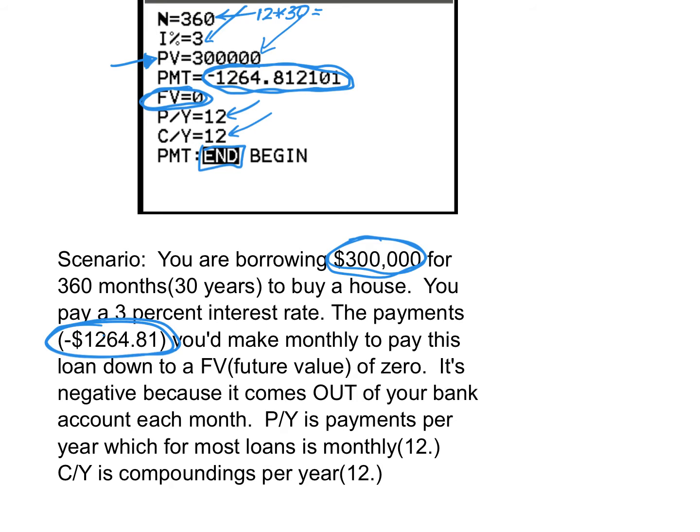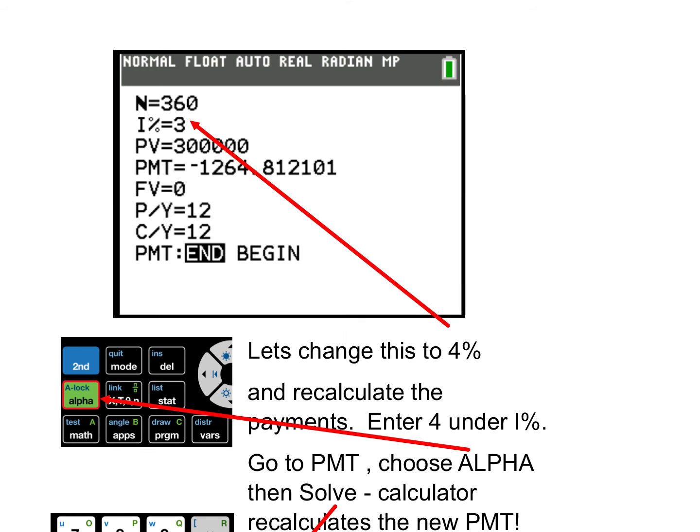That's why it's negative. Comes out of your money, goes to somebody else. Because they gave you $300,000, you got to give them $1,264.81. That's why it's negative, because it's going to come out of your monthly paycheck, out of your bank account.